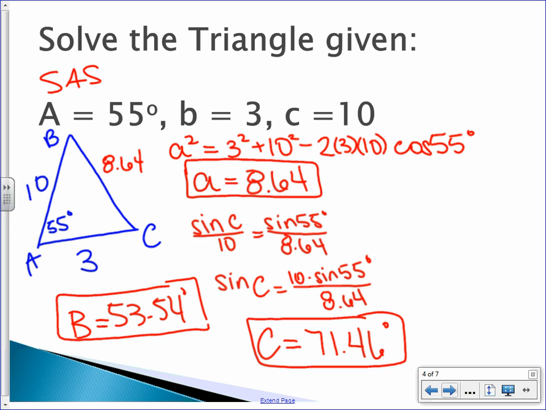Our biggest angle is across from our biggest side, and our smallest angle is across from its smallest side. However, something bothers me.